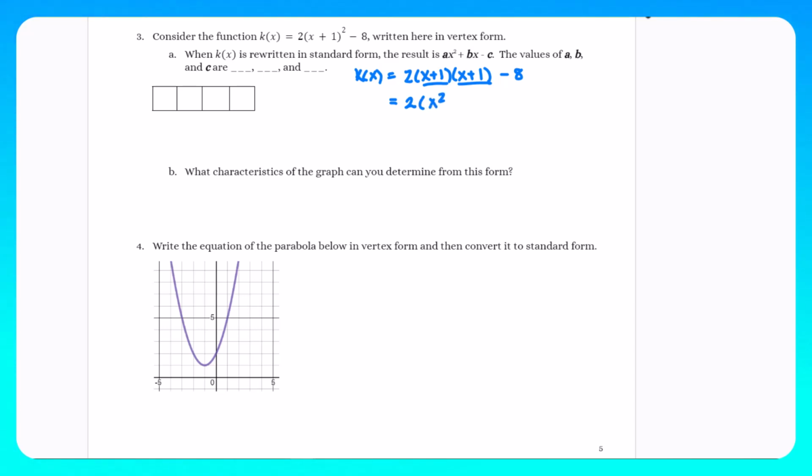So we get x squared plus x plus x plus 1 minus 8, which is 2 times x squared plus 2x plus 1 minus 8. We're going to distribute the 2 through that trinomial. Notice it only goes through the first 3 terms. The 8 is outside the bracket.